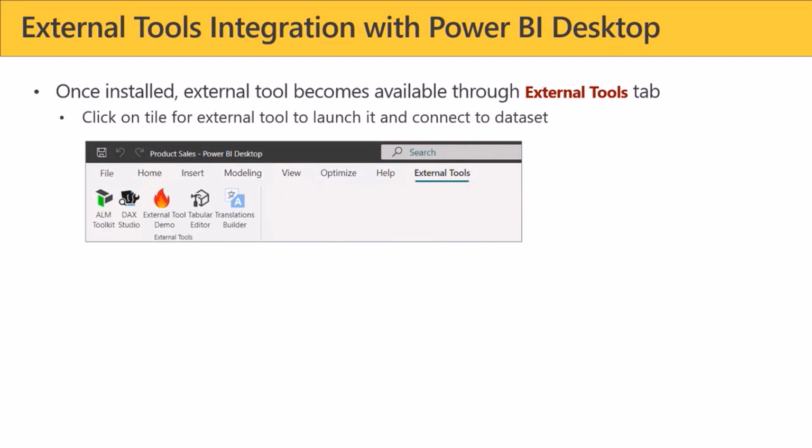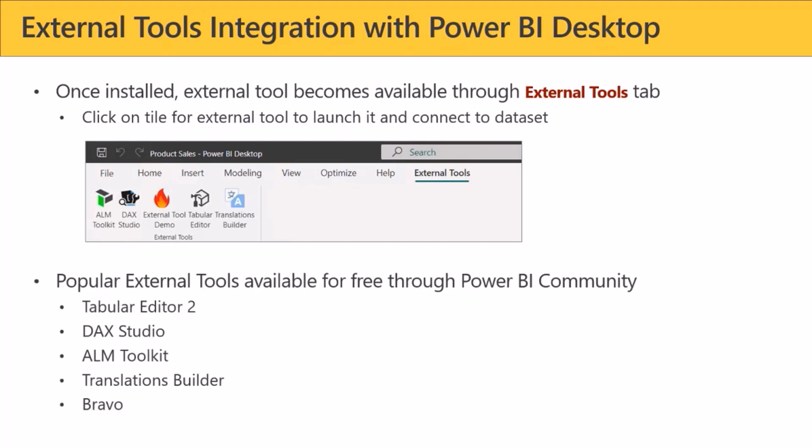Now, when you install an external tool, it will show up in the external tools tab. There are a lot of popular external tools that, if you're familiar with Power BI and moving towards medium to advanced authoring in Power BI Desktop, you probably have heard of: Tabular Editor 2, DAX Studio, ALM Studio. The one I'm going to talk about at the end, Translation Builder.